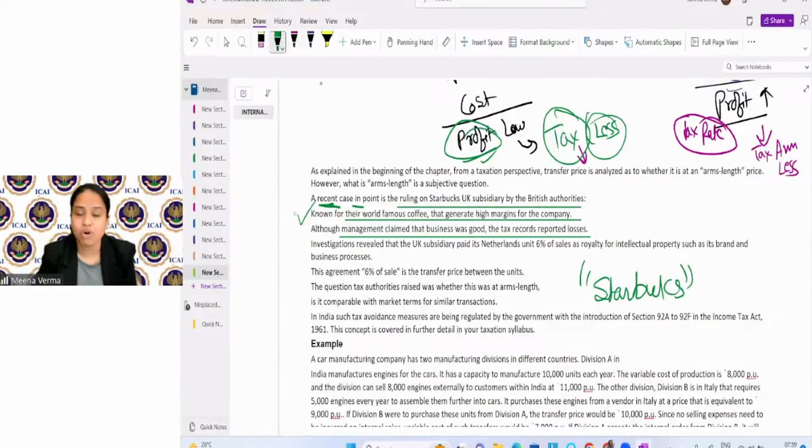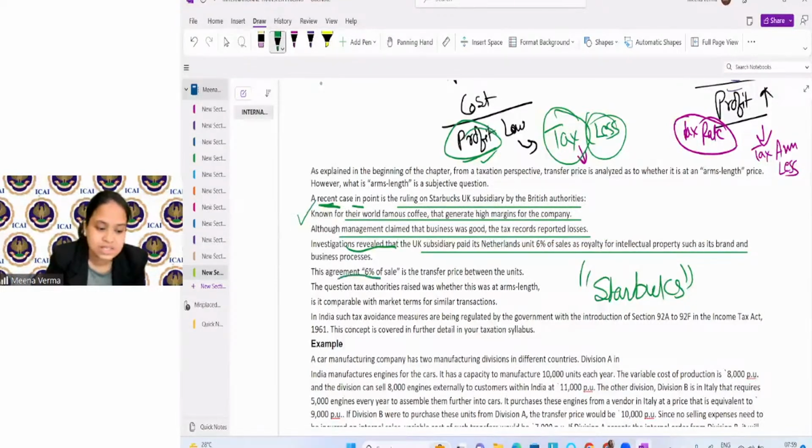Meaning the company is making a profit, but for tax purposes they are showing losses. Investigation revealed that the UK subsidiary paid its Netherlands unit 6% of sales as royalty for intellectual property such as brand and business process. This agreement of 6% of sales is the transfer pricing between the units.